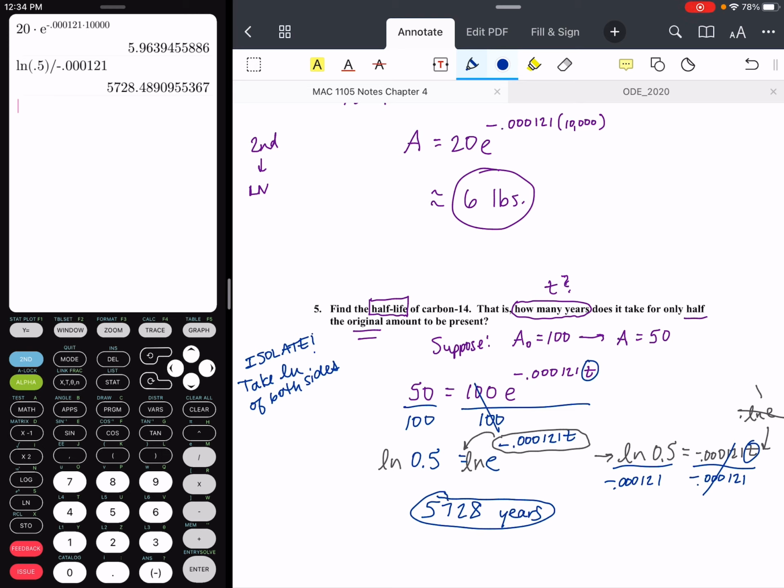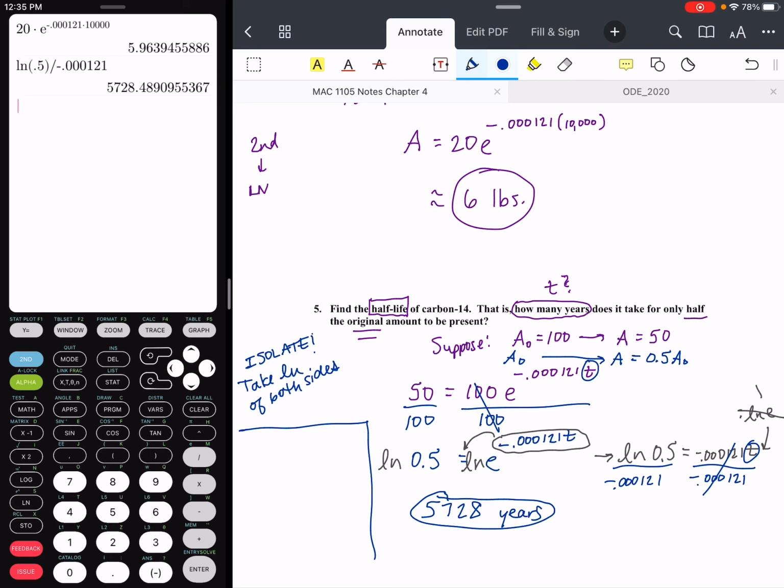Now, I just want to point out, I set this up in kind of a funky way, but I got to the right answer. The proper way to set this up, the kind of mathy way, would be whatever your initial amount is, A naught, A would then equal half of A naught, right? 0.5 times A naught.